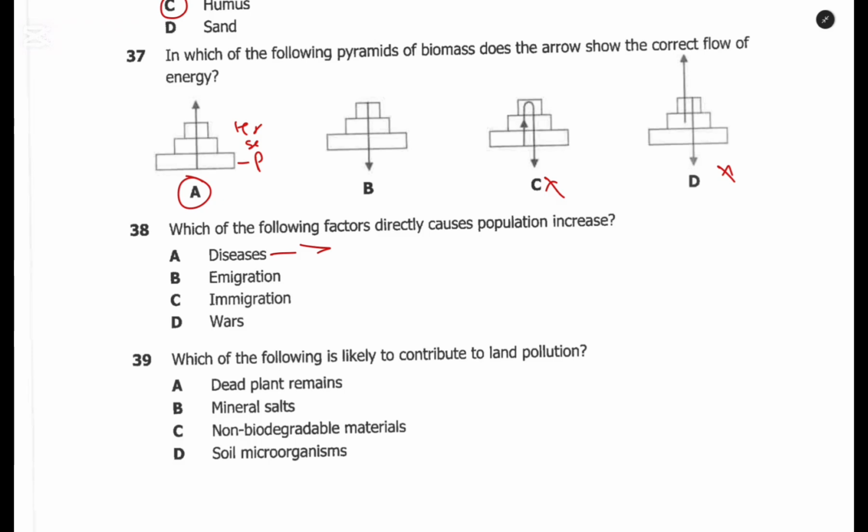They are going somewhere. In terms of people, we are talking of people leaving Zambia, going to other countries. It reduces the population. But immigration, we have other organisms coming in, other people coming in to stay permanently or temporarily. So that increases the population. Wars displace people, so it cannot be the answer. Therefore here we are going for immigration.